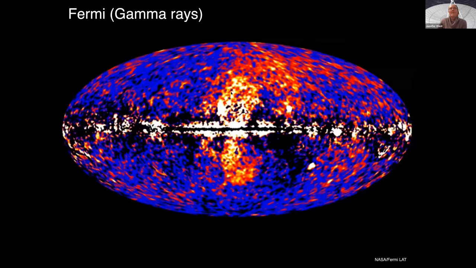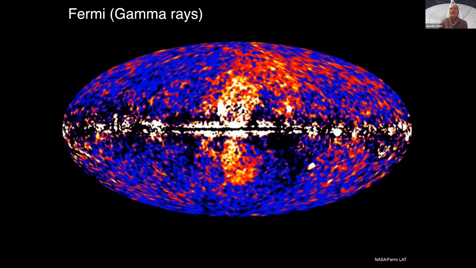And those have come to be known as the Fermi bubbles, because they were observed in gamma rays by the Fermi satellite, which is another space telescope that observes from space, because we can't observe gamma rays from the Earth.